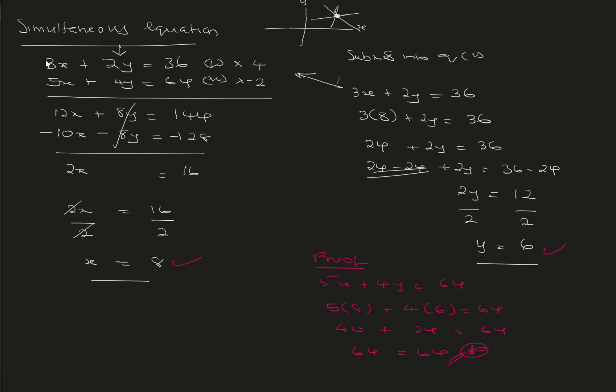Okay, now I'm going to show you the second method. Okay, hope you got the answers here. So let me show you the second method. The second method is the substitution method.